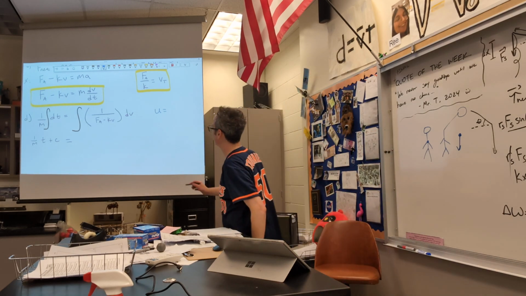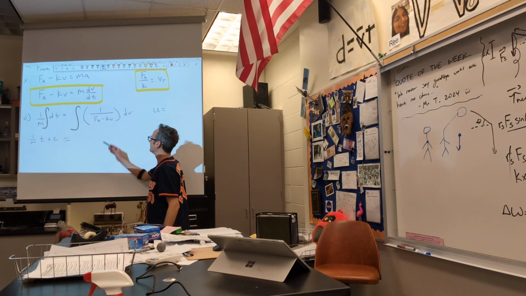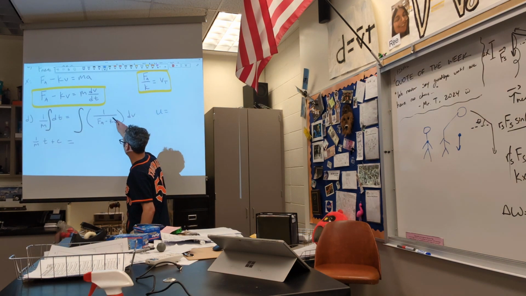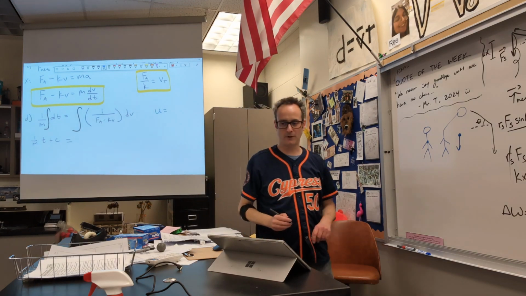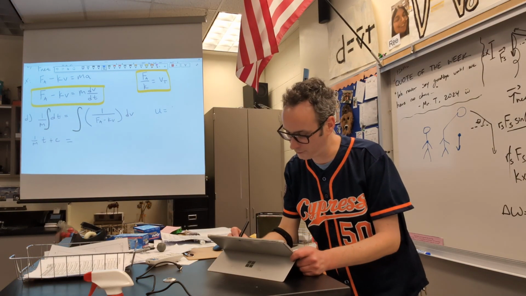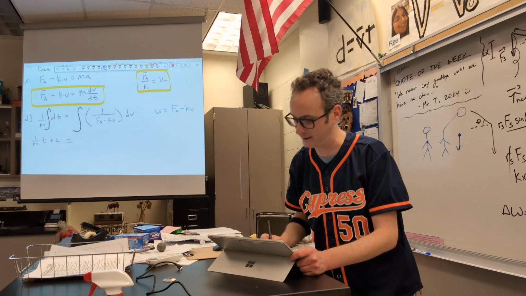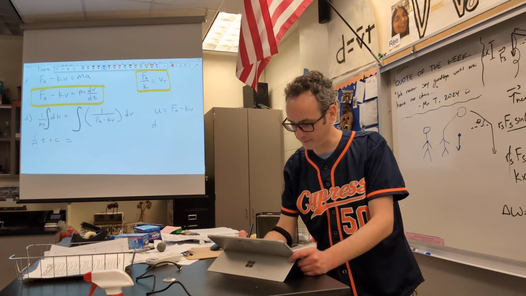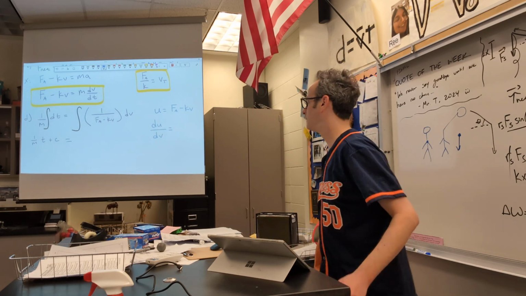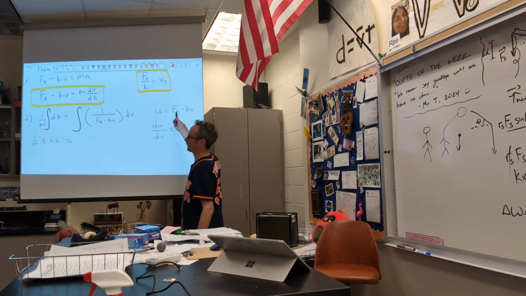That. You got the function 1 over u. Well, this is my u. So I got u equals fa, a constant, minus kv. Next step, take the derivative of u with respect to v. Remember, v is the variable, so this is a constant.